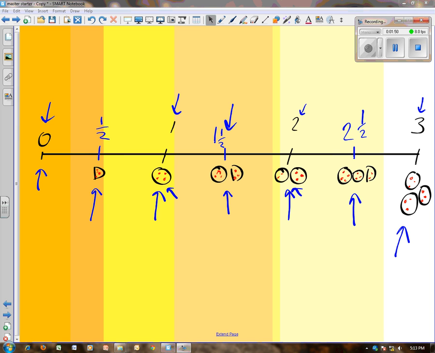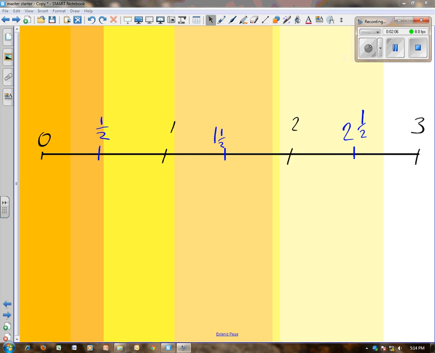Now I'm about to get rid of all the pizzas, but what I really want you to notice is it goes 0, half, to 1, to 1.5, to 2, to 2.5, to 3. And actually in between that you've got quarters as well, and we're going to add those soon. So I'm going to get rid of the pizzas now. Okay, so the pizzas are gone, and so we've just got the numbers there as well.